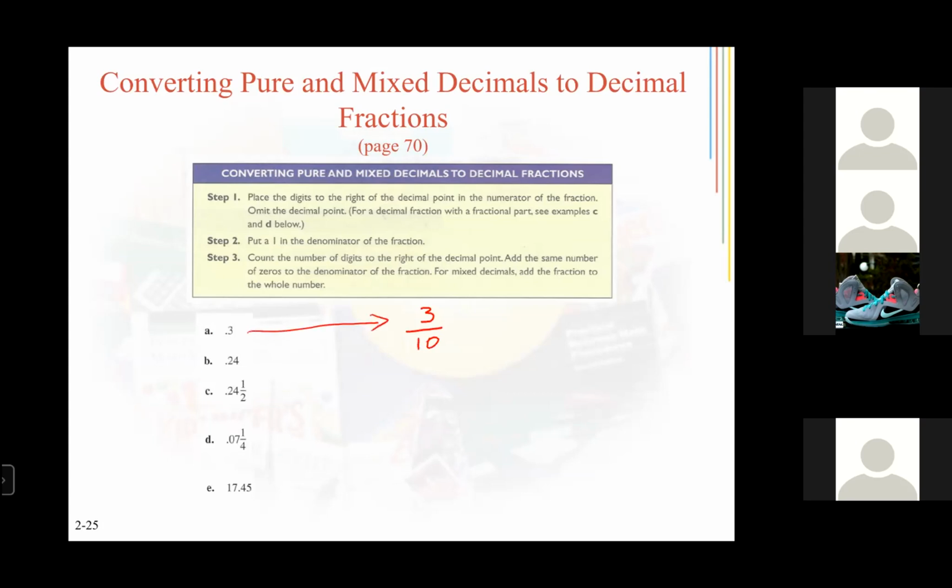Now look at the next one, 0.24. How would you change that to a fraction? 24 over 100, because you've got two places there. Look at this one, 0.24 and a half.